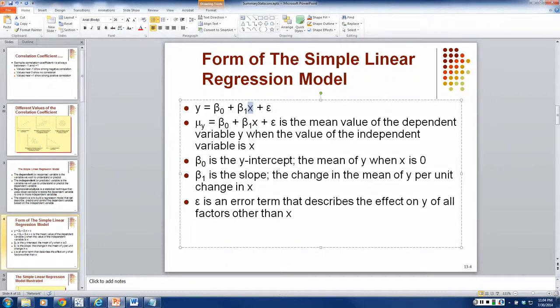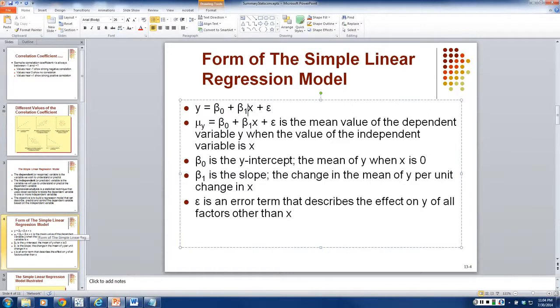Beta 1 is the slope of the line. And error means that y is dependent on x, but it may not be true that y is 100% dependent on x. There could be some part that x is not able to explain. That is the error, and we will look into it a little more later when we talk of multiple regression.